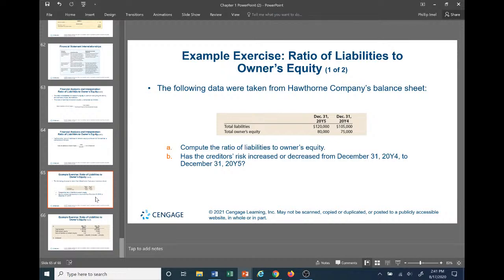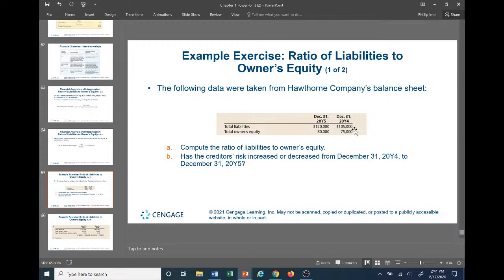So let's look at this example. The following data were taken from Hawthorne Company's balance sheet. Always pay attention to the years here, because sometimes they might be listed differently. In this case, December 31st, 2004, this was the total liabilities as of that date. Then the change from 2004 to 2005 was an increase of $15,000, up to total liabilities of $120,000.